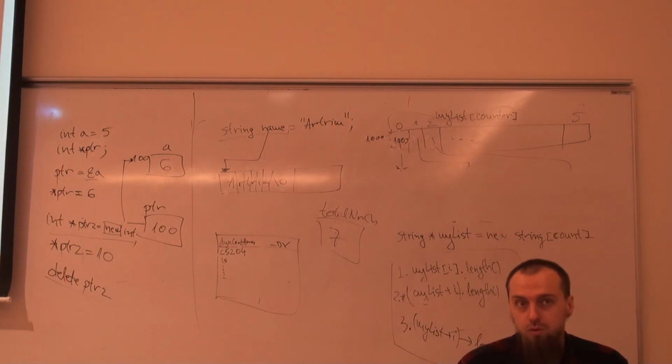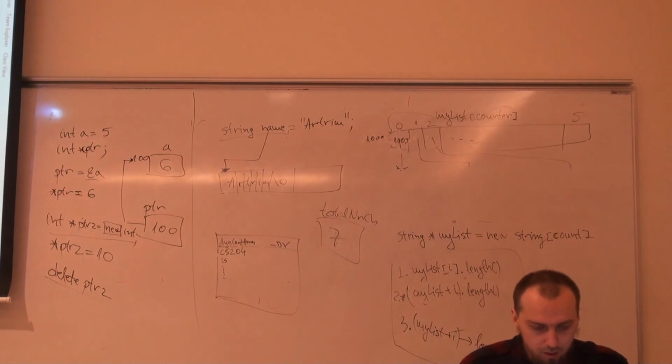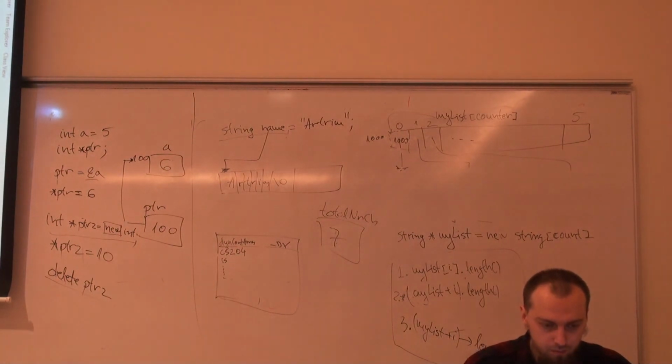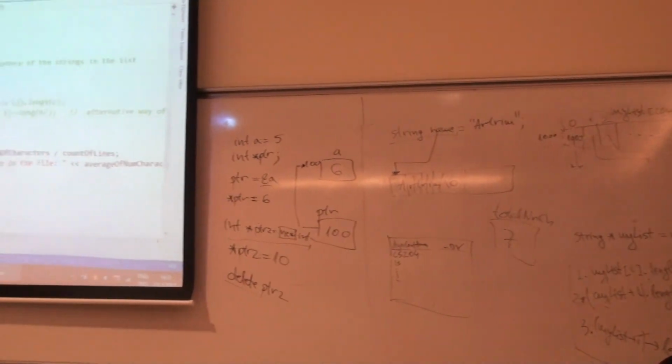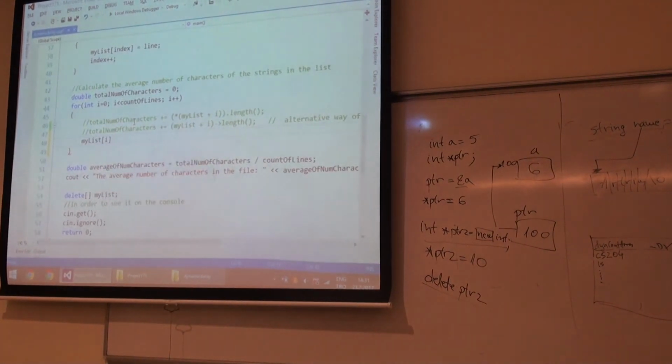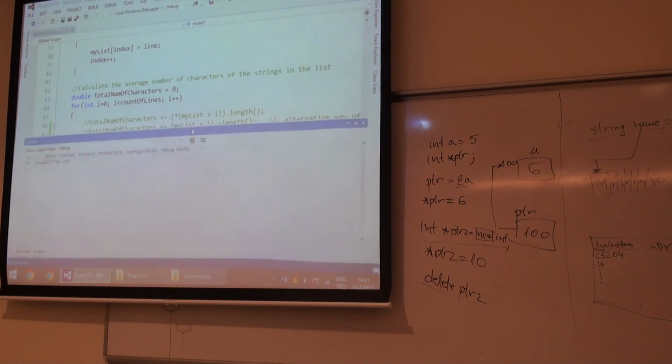It's again 4.76 because they're doing the same thing. Now let me use another one, which is not shown here, but it still works. It's my list I, point length. I'm running the code.